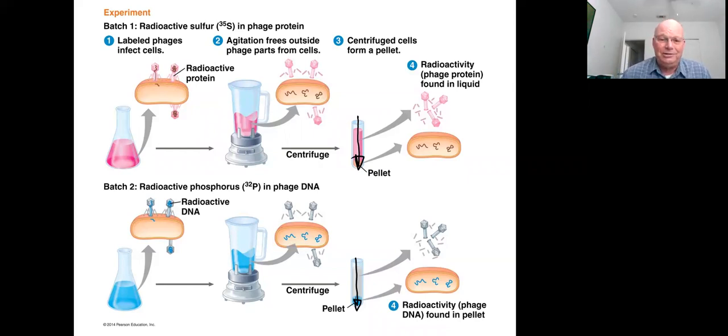It was only when they got access to Franklin's picture, which was by far and away the cleanest picture of DNA, that they started to realize that it had to be a double-stranded molecule. In fact, Franklin had already recognized that it was going to be a double-stranded molecule on the basis of the picture that she had generated. But we're getting ahead of ourselves a little bit here. So people are now convinced that it's DNA that is the molecule of inheritance.